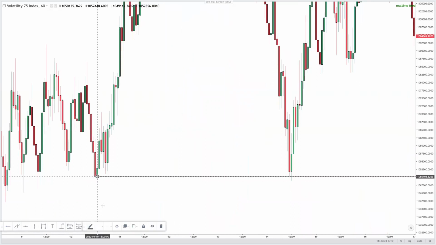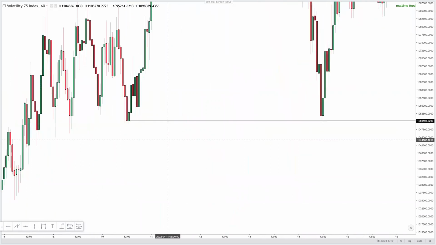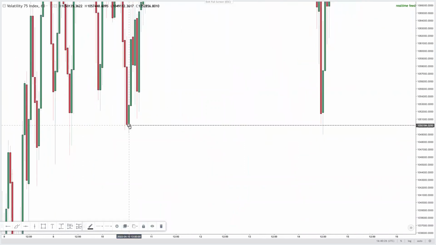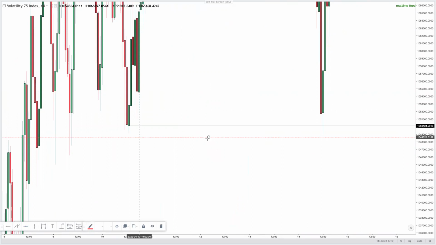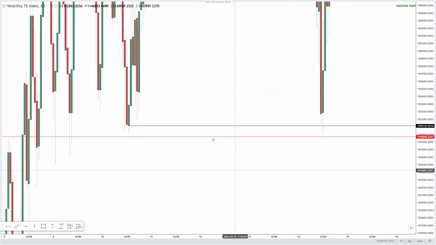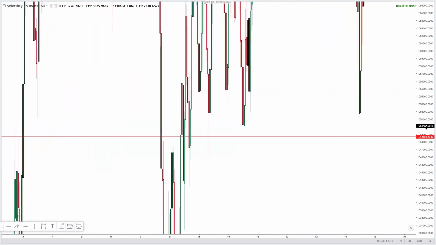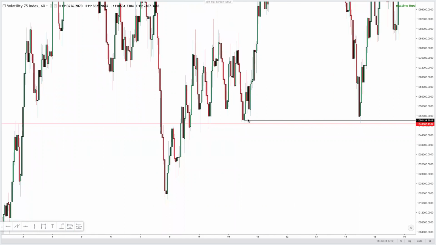Let's say this is our entry right here. This structure retest. That means our stop loss should be placed a few pips above, maybe somewhere here.